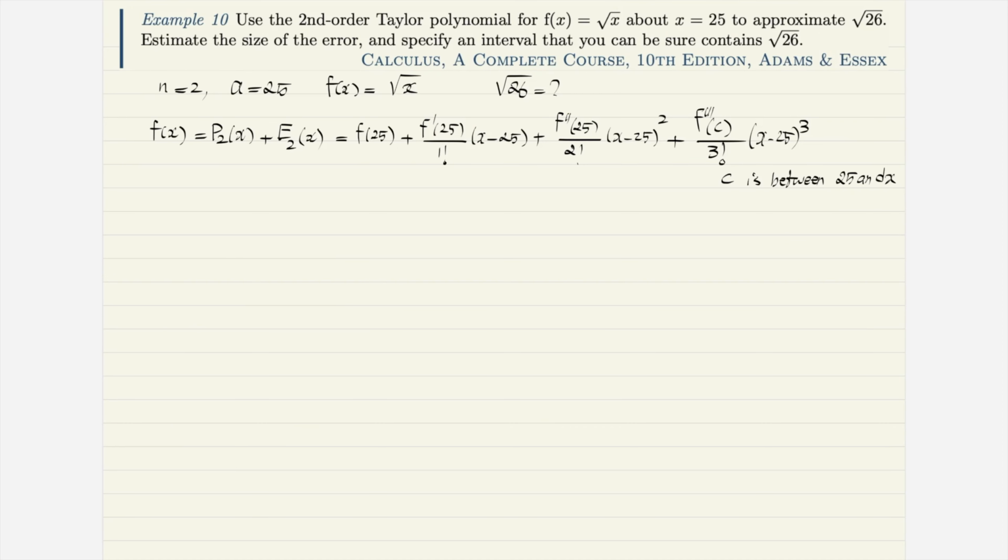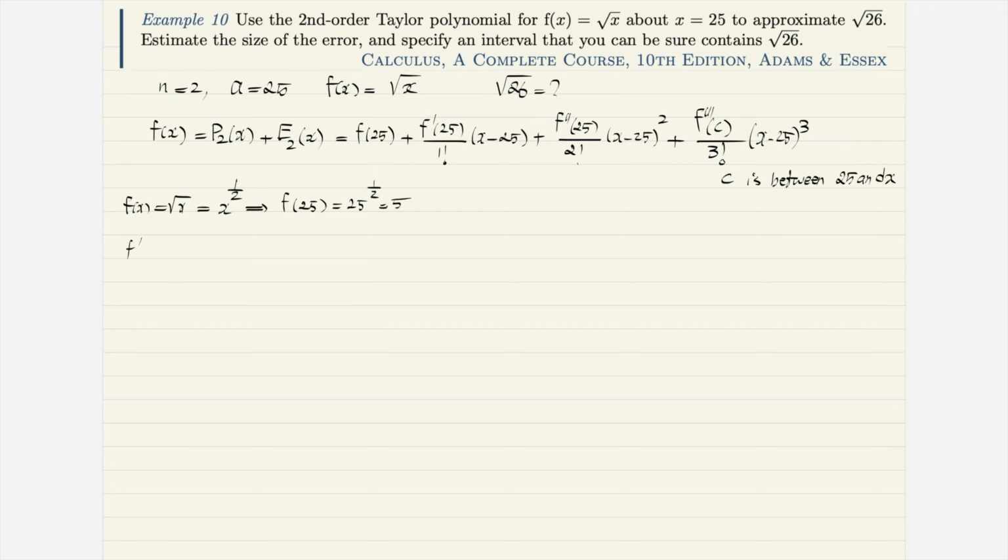In order to do that, I need to differentiate. So f of x is equal to the square root of x. If you don't mind, let me write it as x to the power 1/2. It makes it easier to differentiate consecutively. So if I want to calculate f of 25, it is 25 to the power 1/2, which is simply 5.